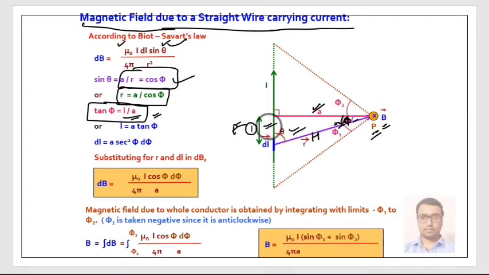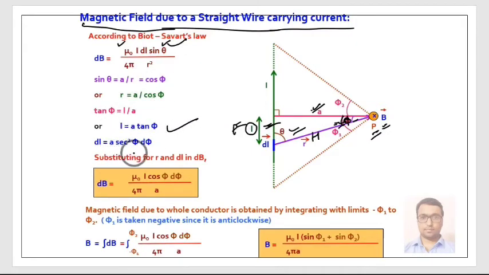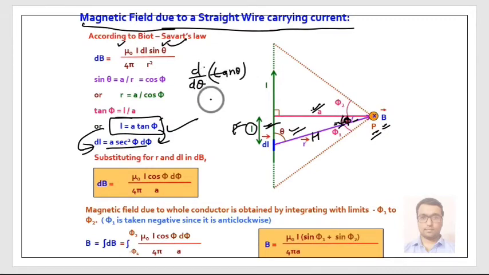So L equals a tan phi. If you differentiate this equation you will get dl on the LHS, and on the RHS you will get a times the differentiation of tan phi, that is sec square phi d phi.